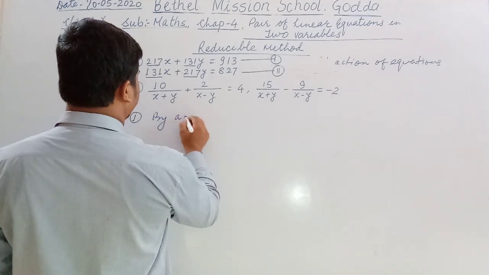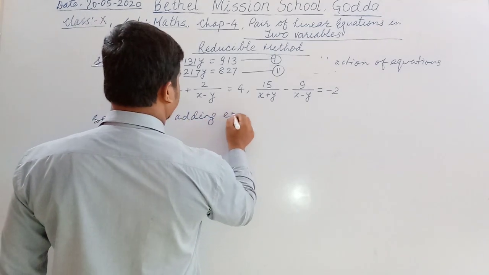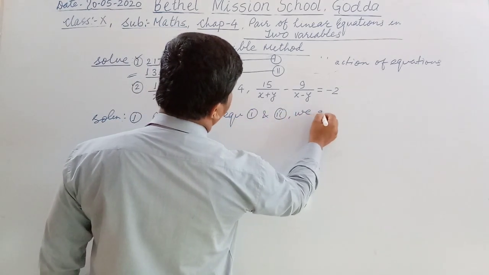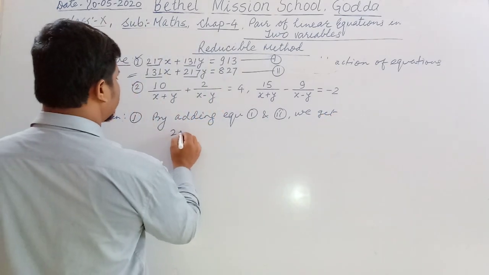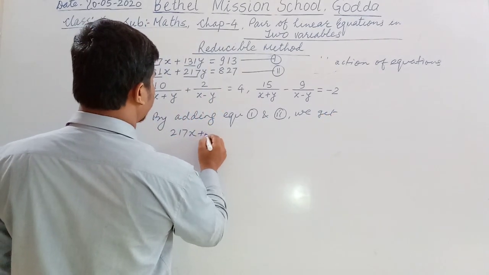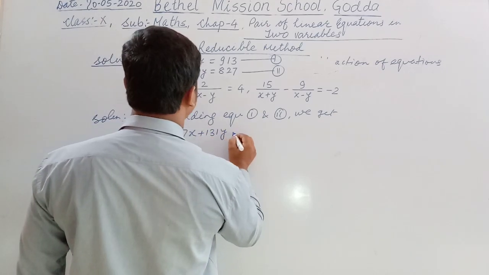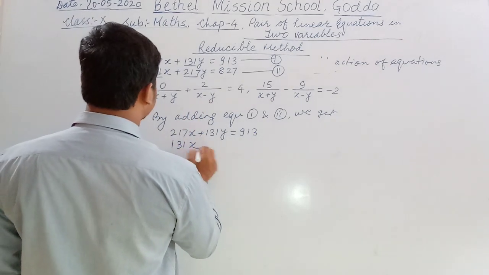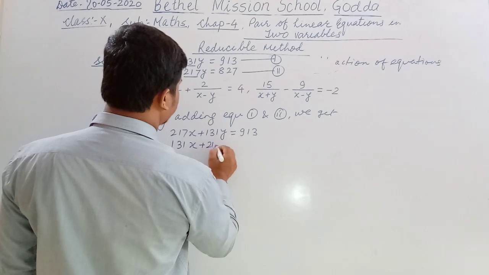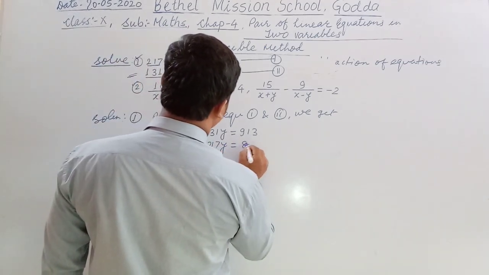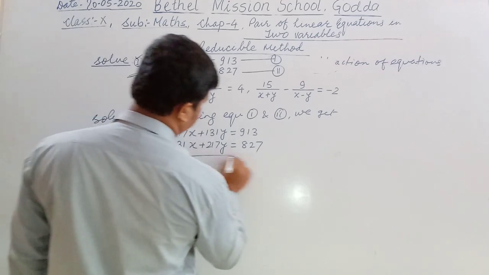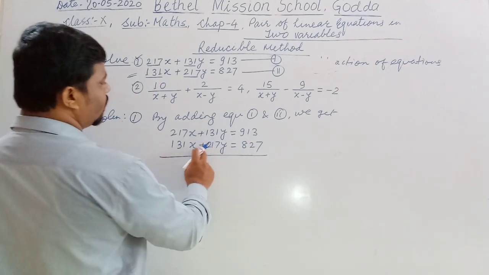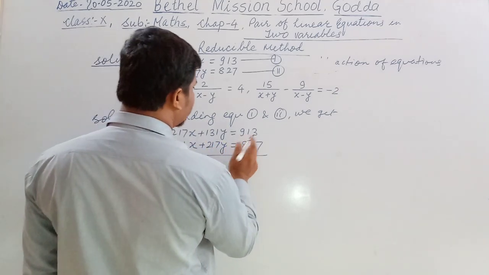By adding equations 1 and 2 we get 217x plus 131y equal to 913, and 131x plus 217y equal to 827. So we have to add. When you add, no sign will be changed in the lower equation.